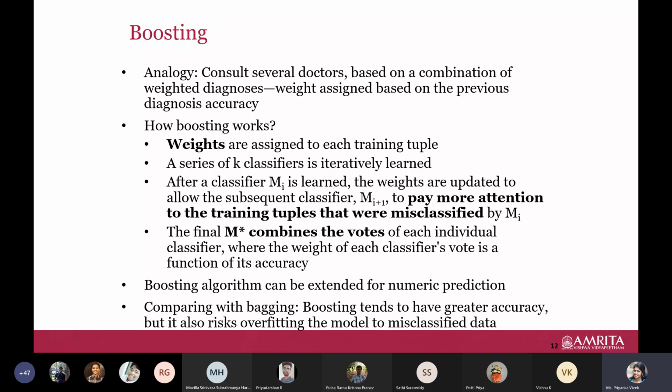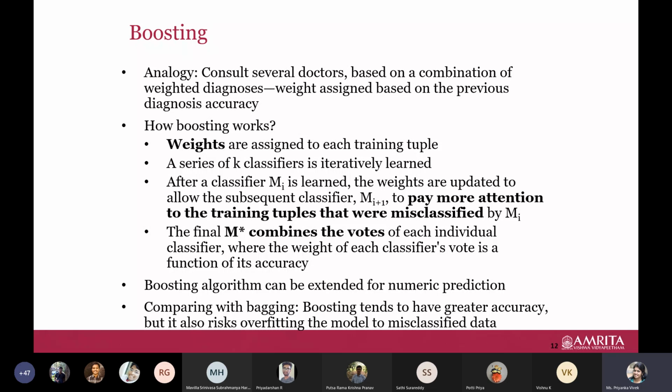Similarly, in our classifier also, each tuple will have a weight. Also, like the previous algorithm, K classifiers are learned. When the first classifier has finished learning and the next classifier starts, there is some weight updation happening.